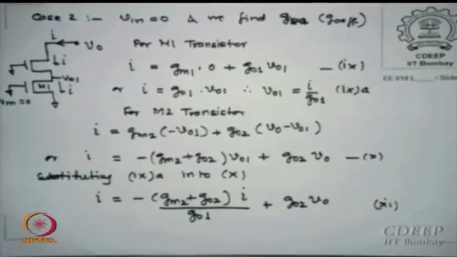Short all independent sources: open the current sources and short all independent voltage sources. Then apply a voltage at the output and measure the current there; the ratio V by I is the output resistance. So the same technique has been employed by us, is that okay?